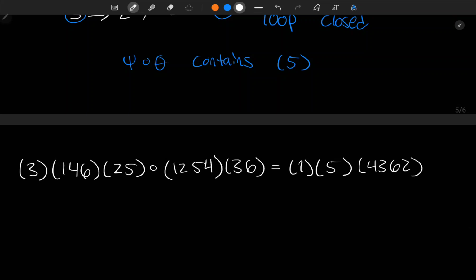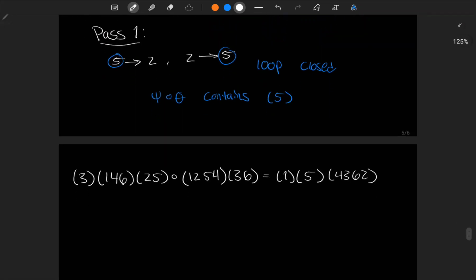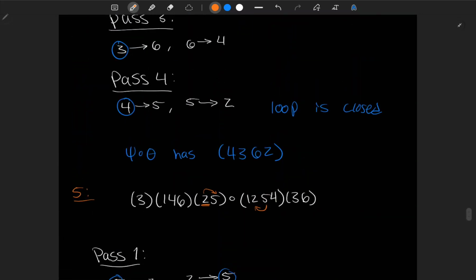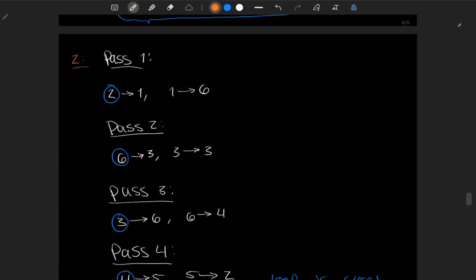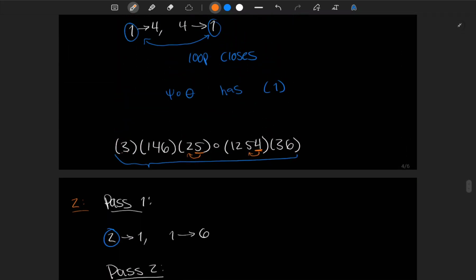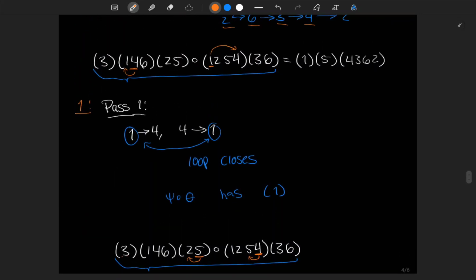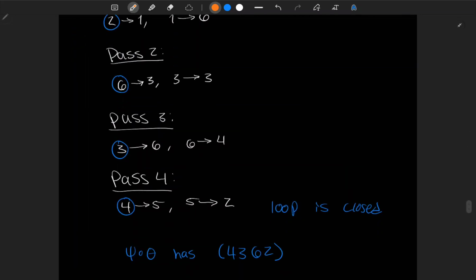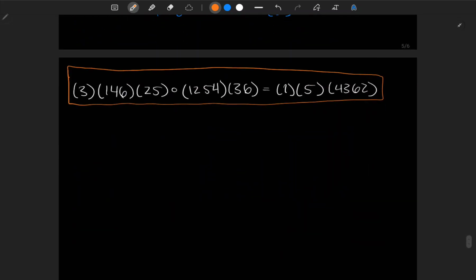And we should check whether or not this is equal to what we found before. So this is how you do it by directly multiplying them, or you can just compare by multiplying psi composed with theta on an arbitrary element. And what we found there was that it's equal to 1, 5 and the cycle 4, 3, 6, 2, which is exactly what we found.